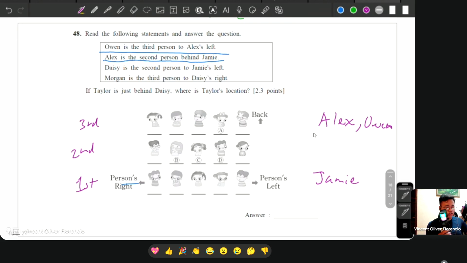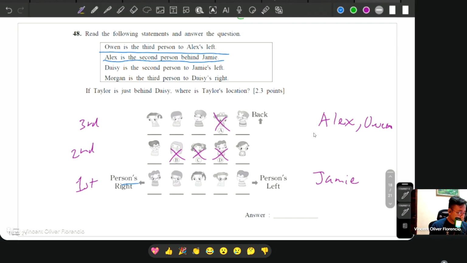Also take note, there's an instruction here so you don't get confused: this is their perspective, so this is the left side. Definitely we're not going to involve these, because these are the choices, A, B, C, and D. They cannot be our given.